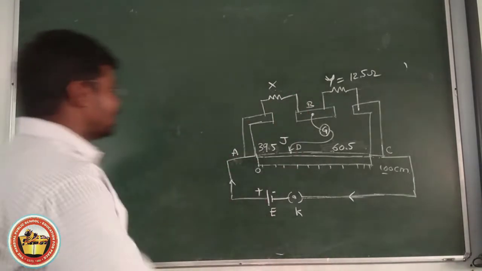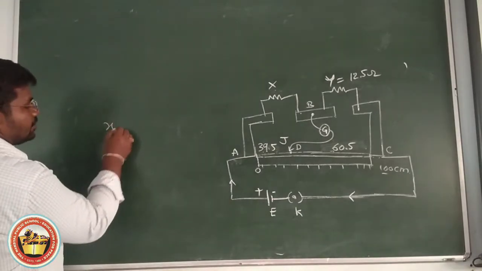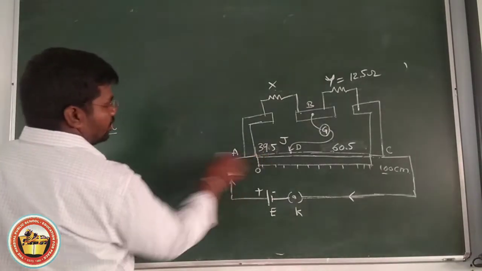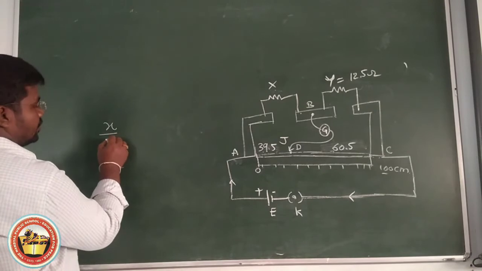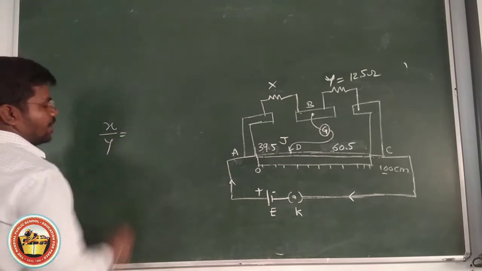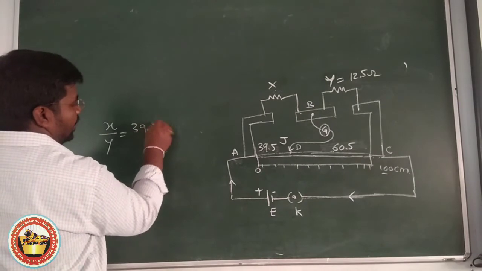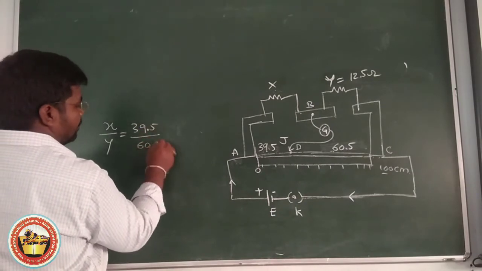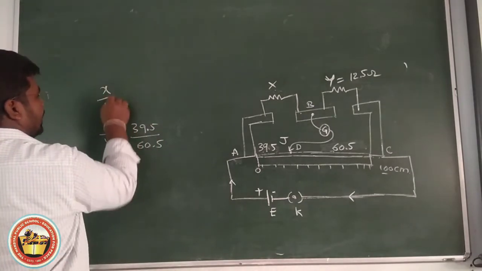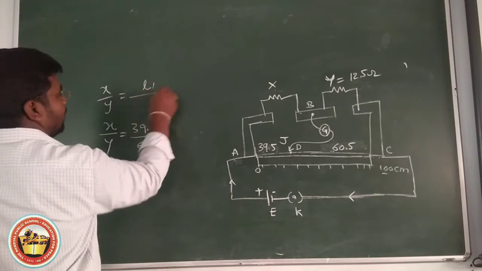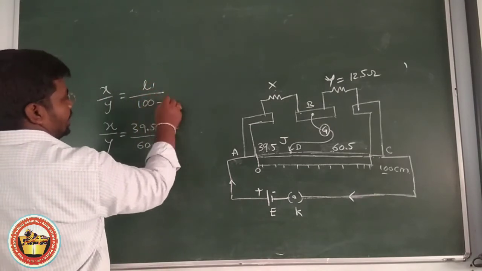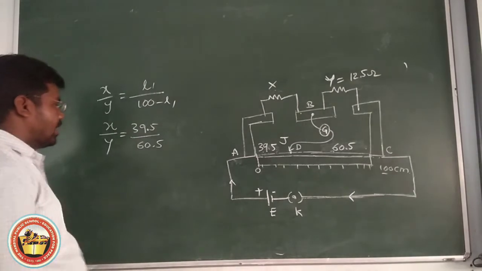So X divided by Y is equal to 39.5 divided by 60.5. X divided by Y is equal to L1 divided by 100 minus L1. This is the main formula.